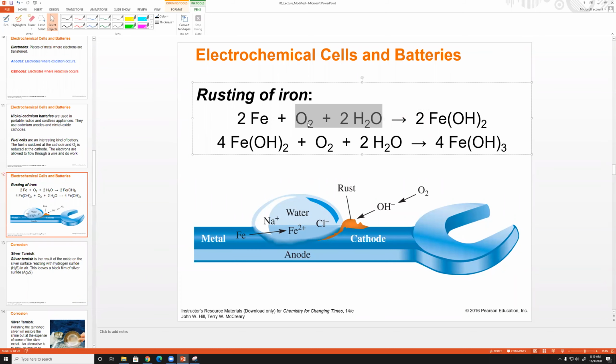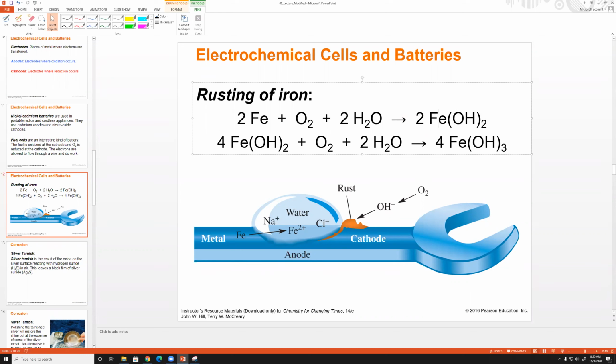Since the oxygen's there, remember we said oxygen is a really good oxidizing agent. It's one of the best ones, meaning it can give its oxygens to something else, in this case, a metal. So in that case, it would create iron hydroxide, or it could even create iron oxide.